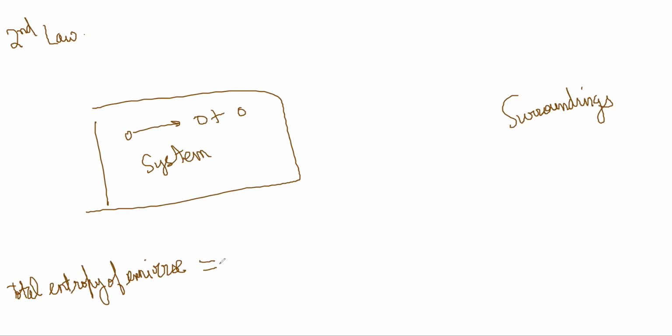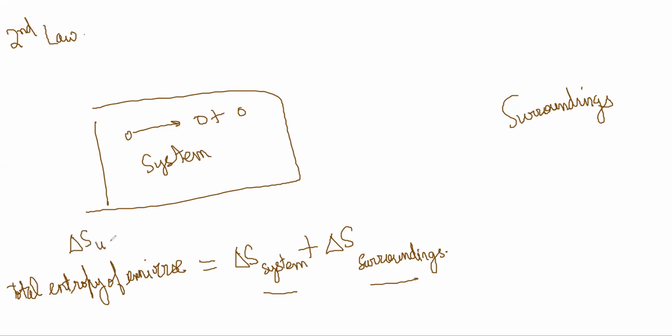That means the change in total entropy will be the change in entropy of the system plus the change in entropy of the surroundings. That is the total universe. So you have to make the total change positive.